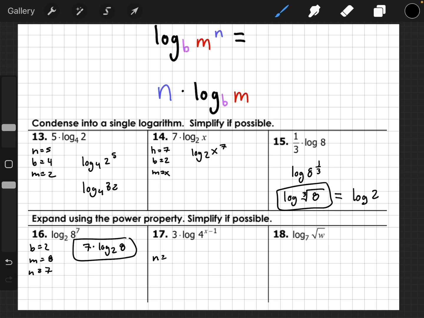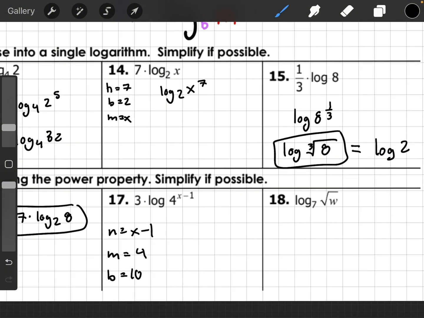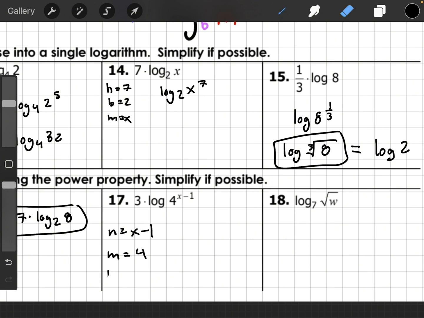n equals x minus 1, m equals 4, and b equals 10. When b equals 10, that's just base 10. So we'll write it as x minus 1 times log of 4.